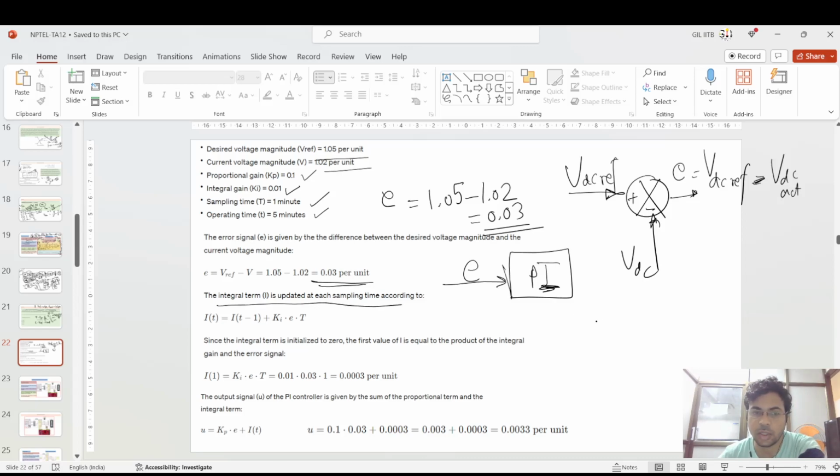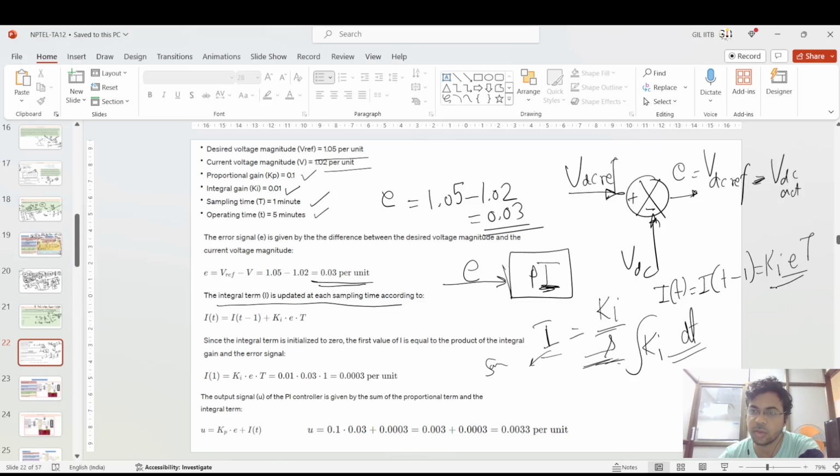So what does the integral controller actually do? If you see, KI by S is the integral controller. So this is the term: I(t) minus I(t-1) is equal to KI times E(t). That's very simple. That comes from sampling. When you convert this integral controller into the sampling domain, that is the discrete domain, it comes out to be this, because it's an integral controller.